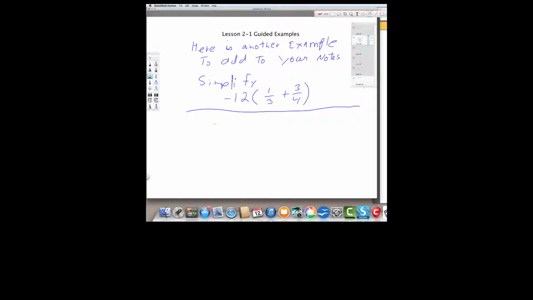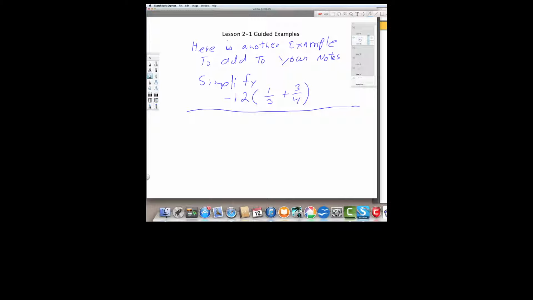This is a case where using the distributive property can really help us. If you decided to add these two fractions together first and then multiply by negative 12, you probably made your life a little more difficult than you needed to, because you had to get a common denominator and then add them together, a lot of work.